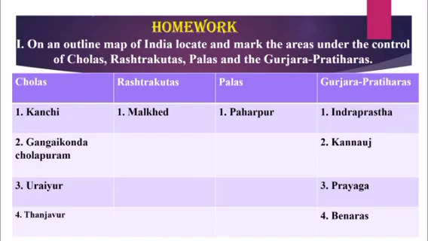Next, we can see the area under the control of Palas like Baharpur. Then we can see the areas under the control of Gurjara Pratikaras like Indraprastha, Kanauj, Prayaga and Benares.